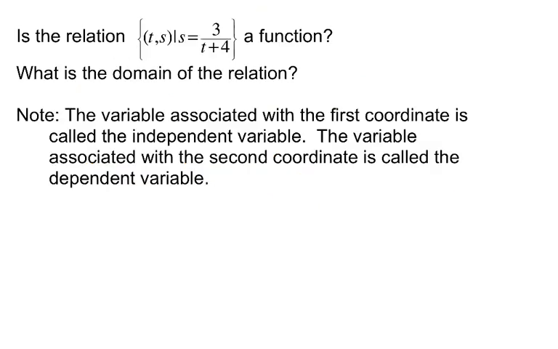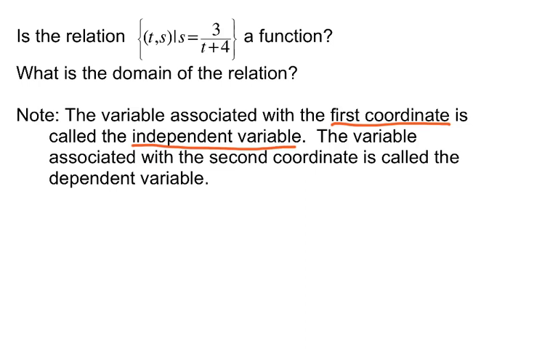We're going to look at one more, and then we're going to stop because we'll be out of time. Look at the different variables in here. I want to make a point here that the variables in an equation do not have to be x and y. They can be something else. A little definition: the variable that's associated with the first coordinate is called the independent variable.